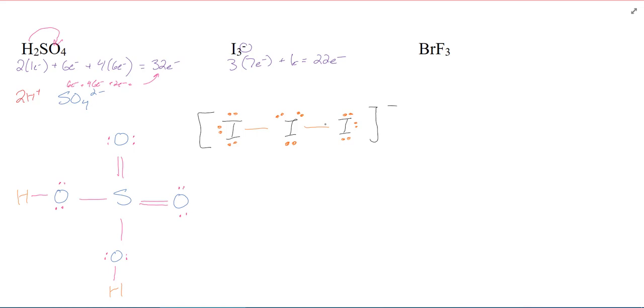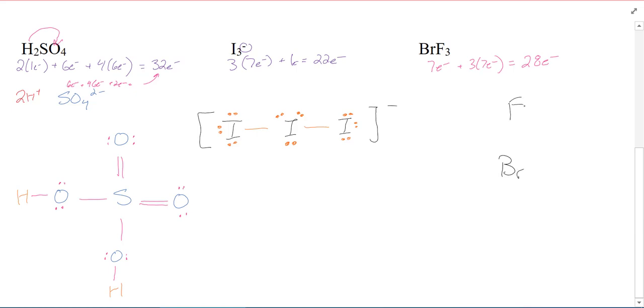Last one, bromine trifluoride. Electron count for bromine trifluoride. Bromine has 7 electrons plus 3 times 7 electrons. That gives me 28 electrons. Who's in the middle? Well, it's not fluorine, so it has to be bromine.